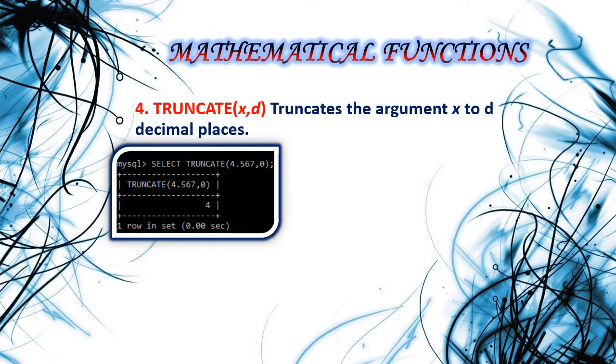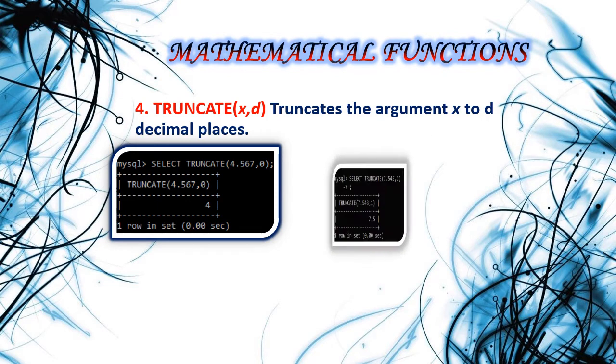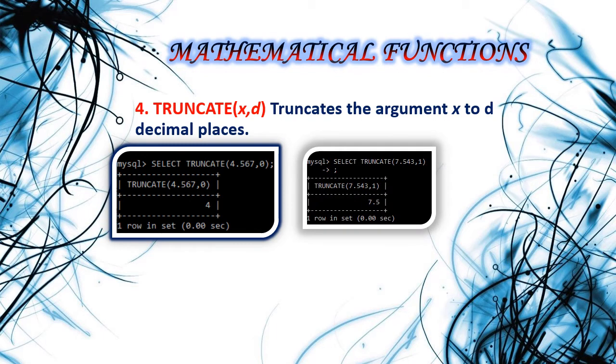See the example: 4.567 comma 0 simply skips the digits following the decimal point, and just 4 is printed. And 7.543 comma 1, where 1 decimal place is mentioned, so one decimal place alone will come. 43 is skipped, so 7.5 is the answer.